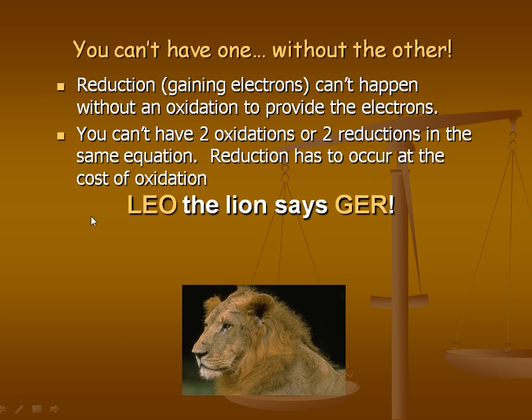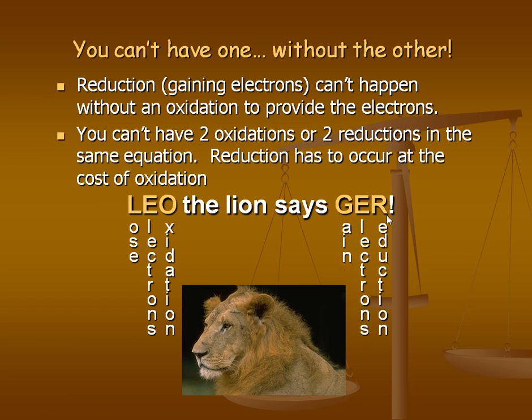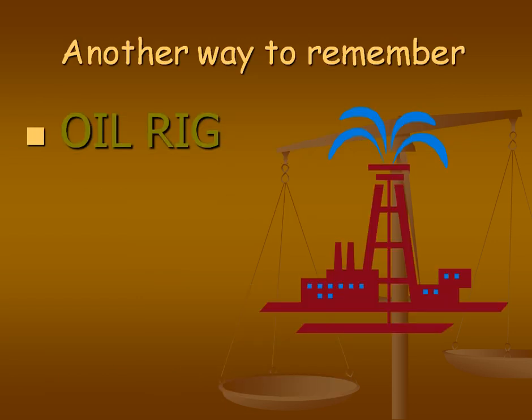So in this short form you can learn the meaning of oxidation and reduction. Loss of electrons, oxidation; gain of electrons, reduction. Another way to remember is OIL RIG: oxidation is loss, reduction is gain, of electrons.